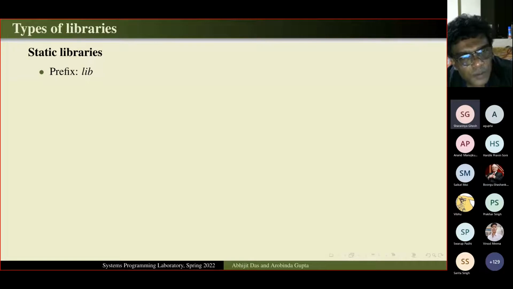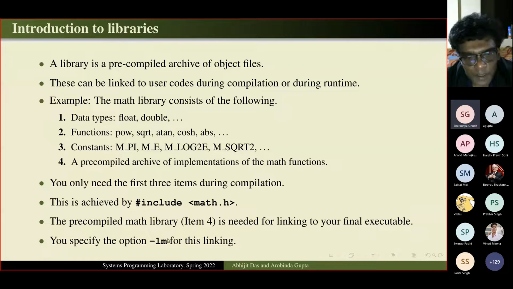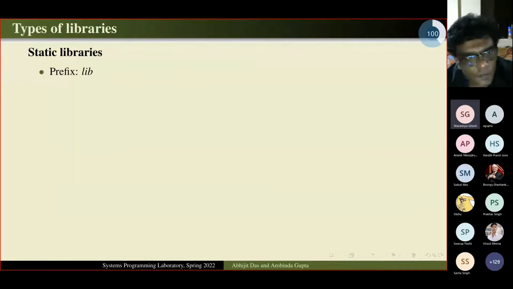So these libraries have some, I would say, naming convention. The math library has name M. Okay. M is just the name of the library. But whenever this M library is sitting somewhere, it has a prefix of lib and a suffix or extension of .a.